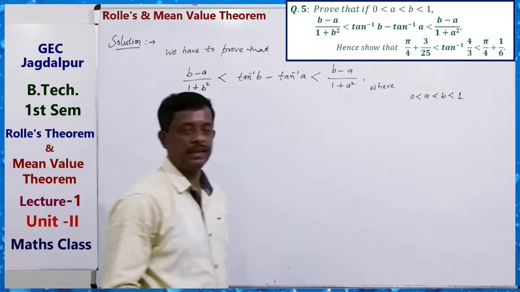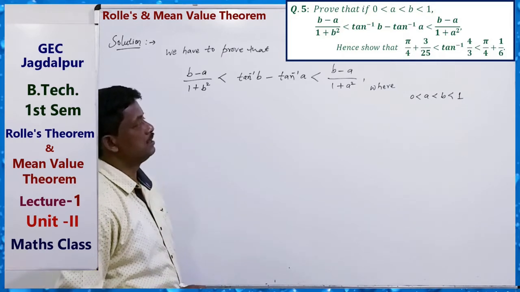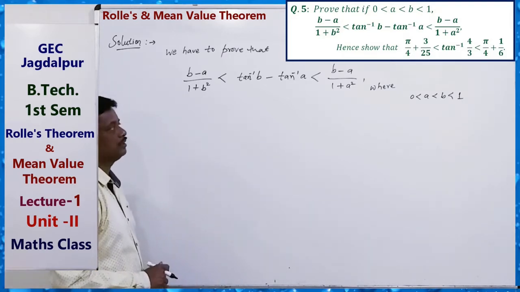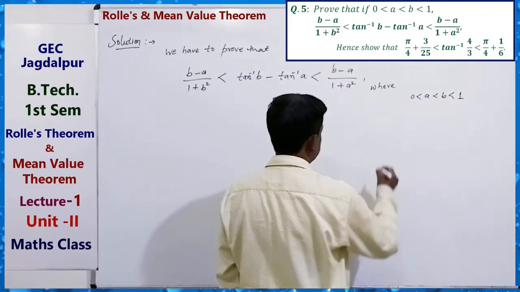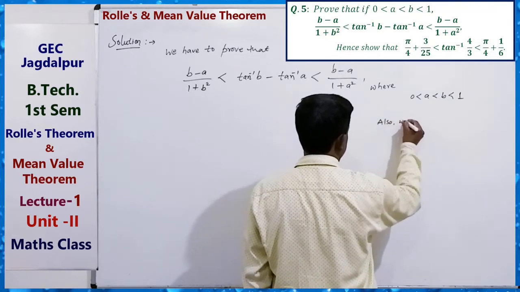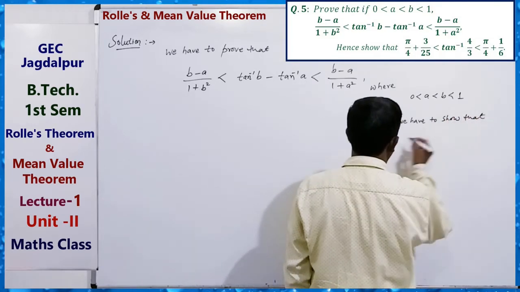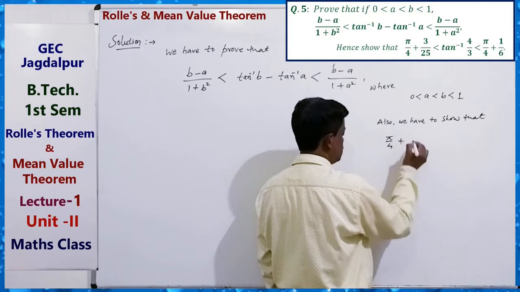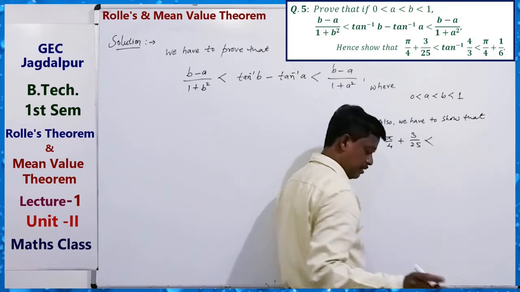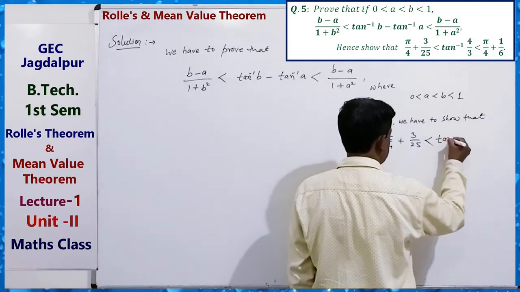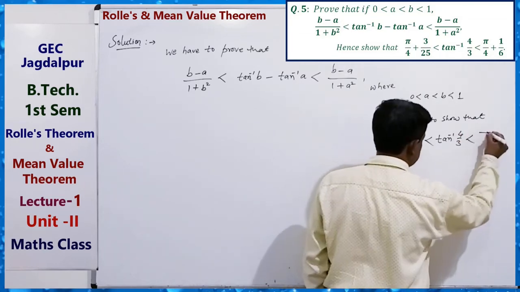And also we have to show the second part: pi by 4 plus 3 by 25 is less than tan inverse 4 by 3, which is less than pi by 4 plus 1 by 6.